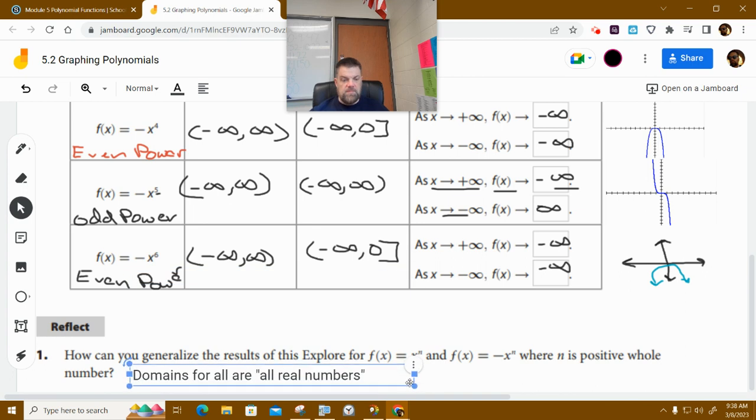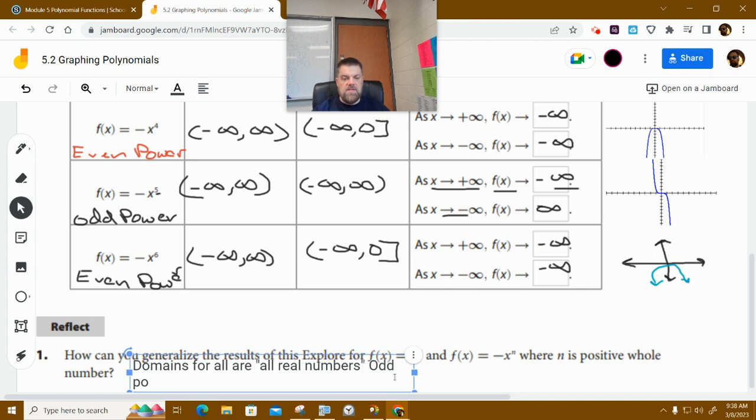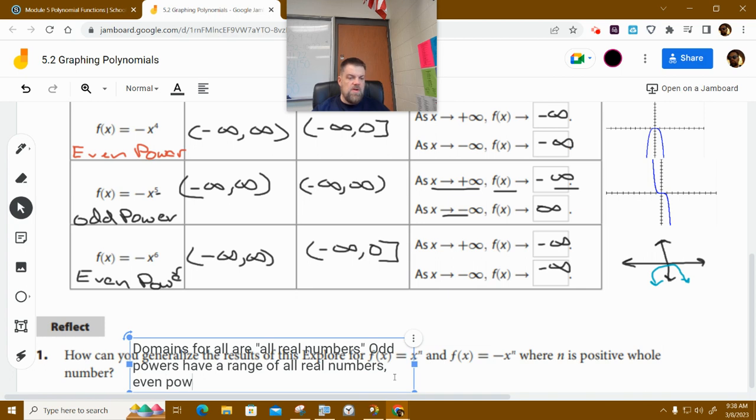Because all odd numbers have the same range, all the even numbers have the same range. Odd powers have a range of all real numbers, positive infinity to negative infinity.